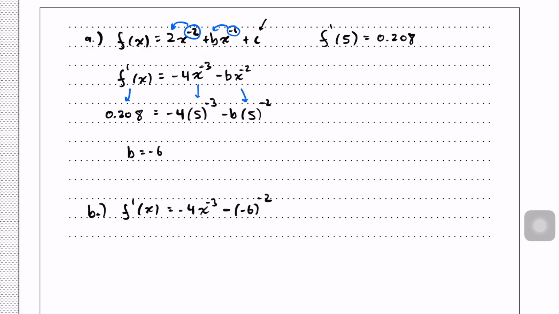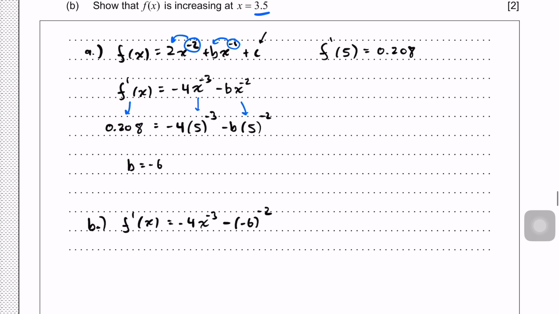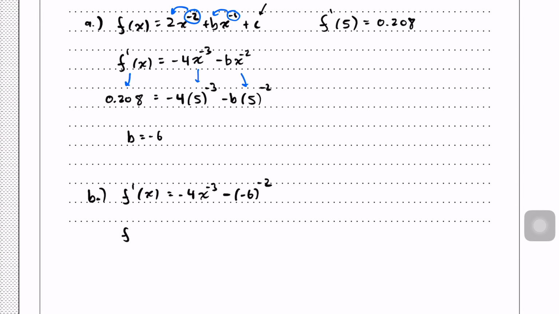Okay, now let's substitute this value of 3.5 into our function and see what the slope is. So f prime of x, we would say f prime of 3.5 if we wanted to. 3.5 to the -3 minus, and then this is going to be -6 to the, -6, geez Louise.